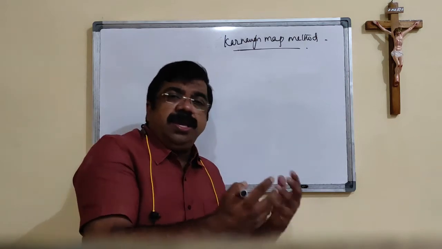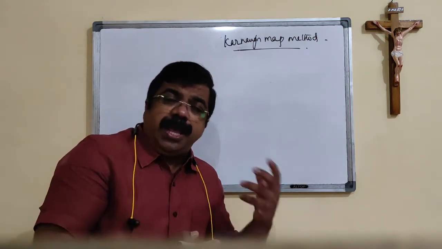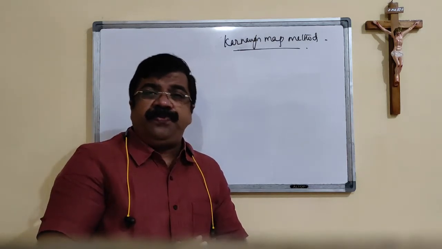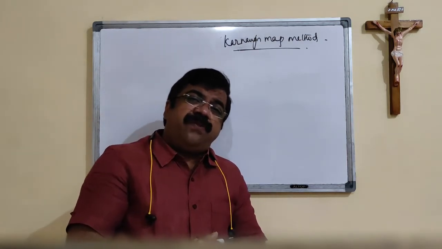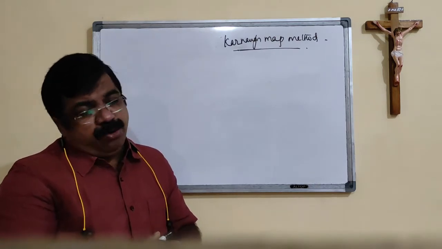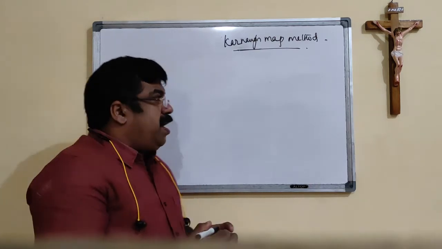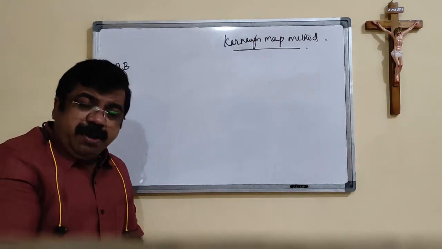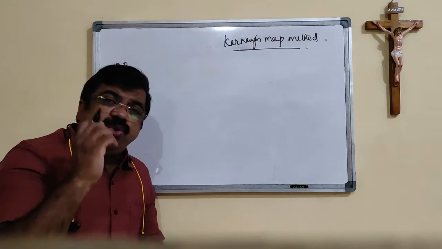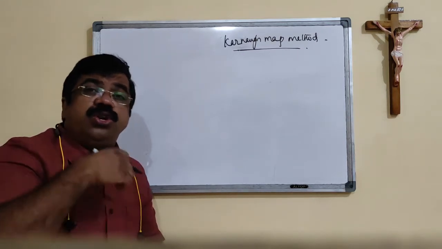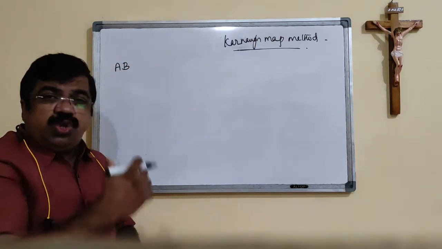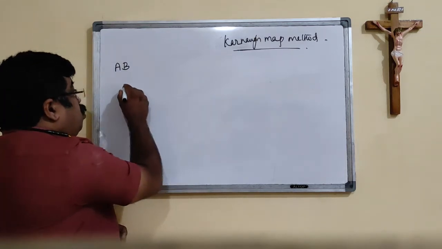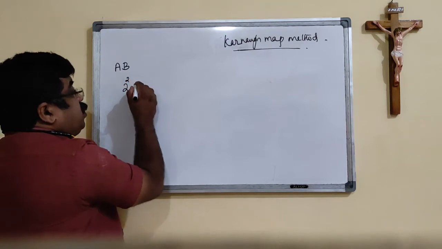Now let us see the different terms as well as the rules behind the Karnaugh map creation. When we have two variable inputs, for example A as well as B, in order to reduce this expression with two variables, we should have a Karnaugh map with 2 to the power 2 squares.